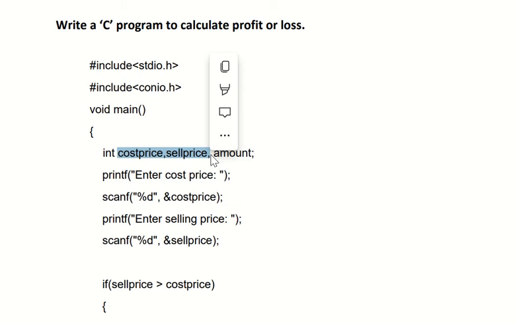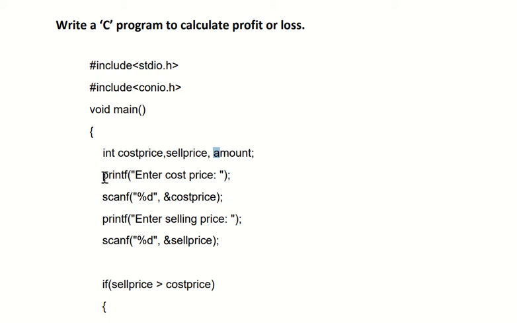We require one more variable for the answer, like if it is profit, then how much profit, and if it is loss, then how much loss. For that we require one variable, amount. So in this program we have used three variables: cost price, sell price and amount.